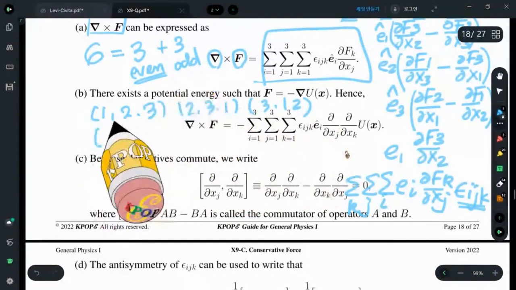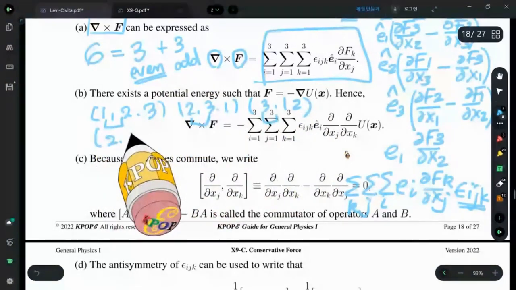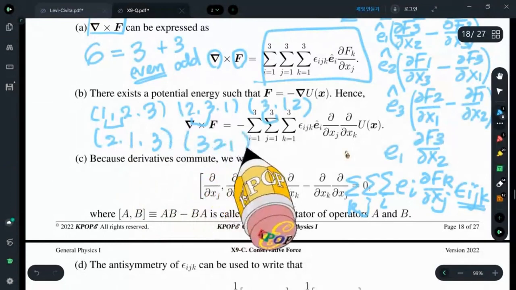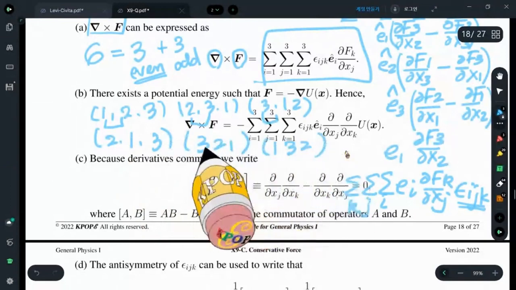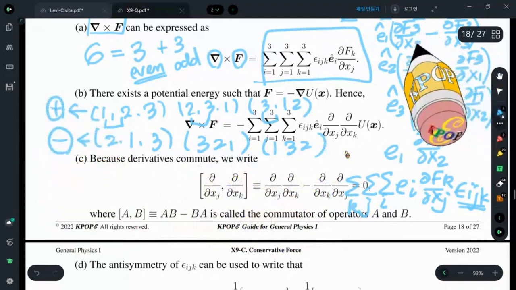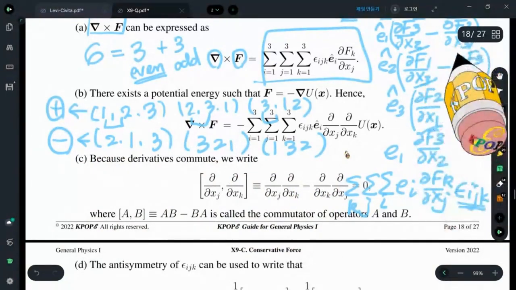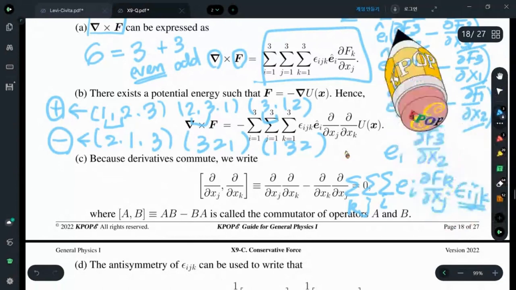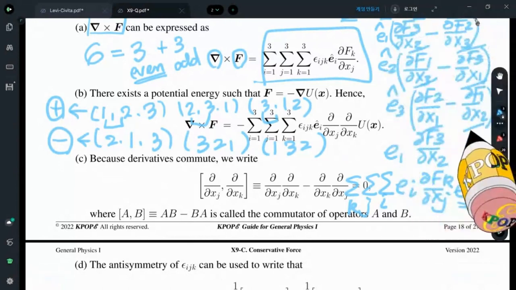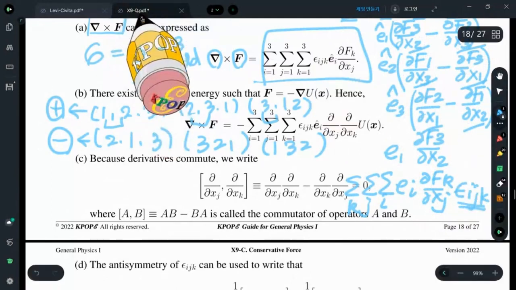The 3 odd permutations are obtained just by exchanging any 2 of them: 2, 1, 3; 3, 2, 1; and 1, 3, 2. These are positive and these are negative. So we have only 6 contributions, and 3 of them are positive, 3 of them are negative, and these are called even permutations, and these are called odd permutations.